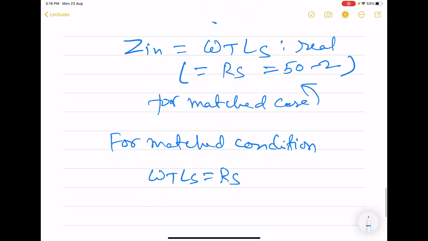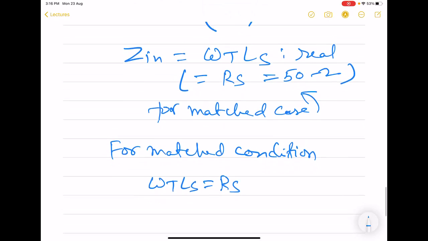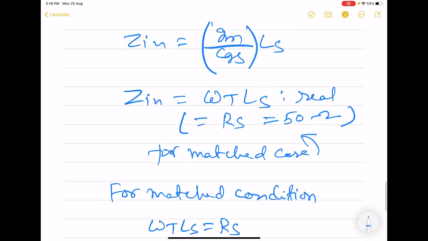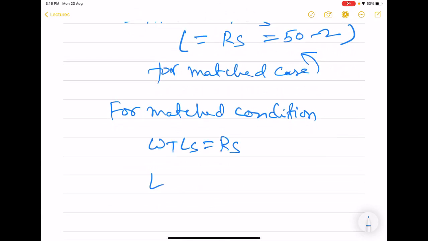Right. So here, this will imply that we have a fixed value of L_S. So this gets determined.